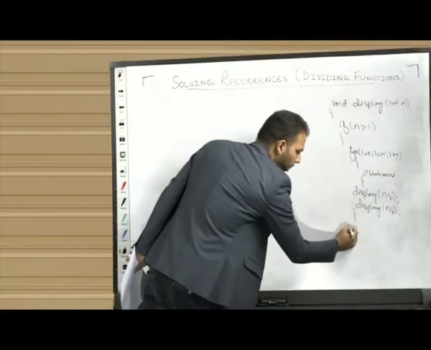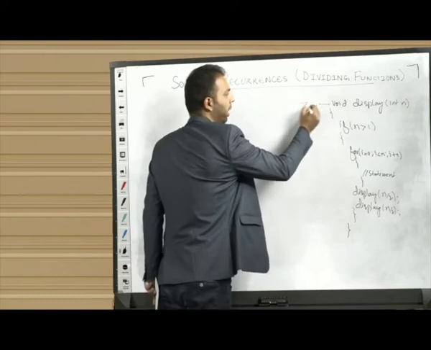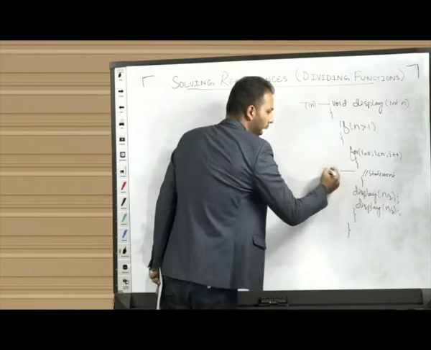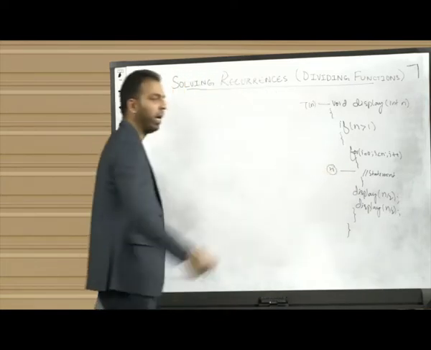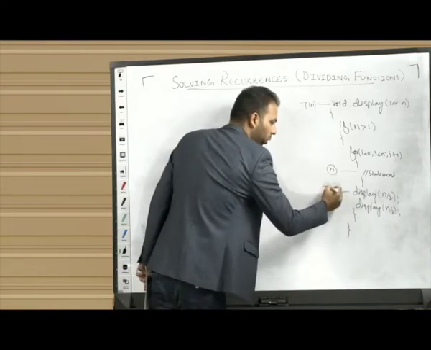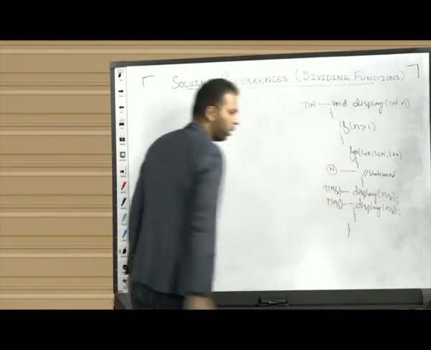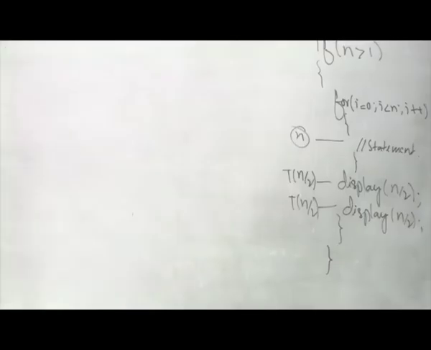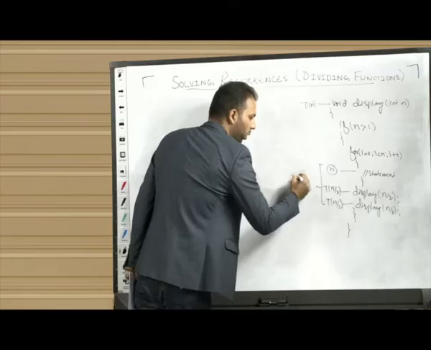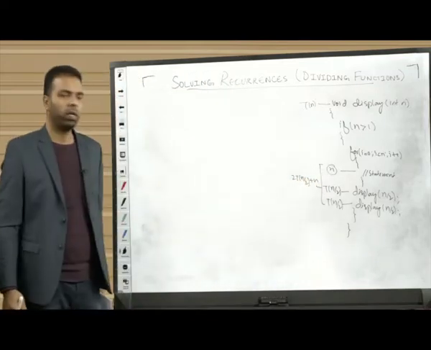So what will be the running time complexity here if you try to compute it? It will be t of n. For this loop it will be n; it will run n times, whatever the value of n is. And this will run for t n by 2, and this again will run for t n by 2. So these three values, that is 2t n by 2 plus n, will be executed when n is greater than 1.